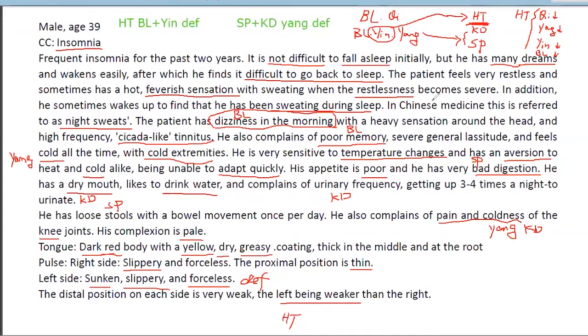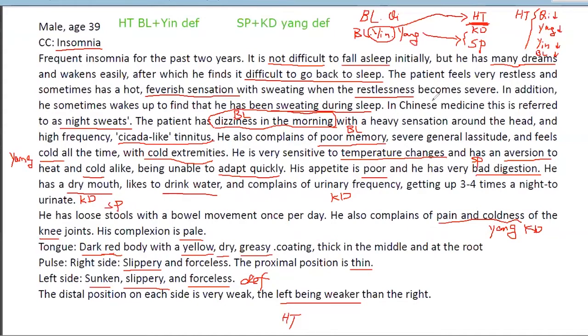Yeah, so it's true, with the yin deficiency, we also say kidney yin deficiency. So for this case, if we were talking about without insomnia, without poor memory or dizziness, we can say this patient would have both kidney yin and kidney yang deficiency.